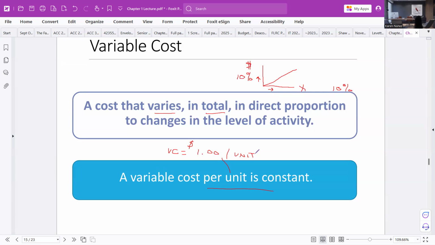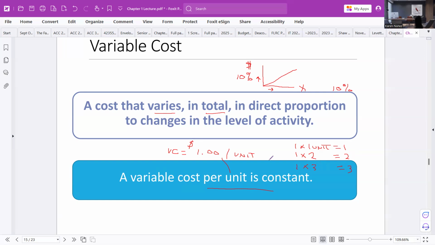You sell two units, the total cost is $2, right? So one times one unit would give you a total cost of $1. You sell two units, it's still $1, but now it's times two units, and that would give you $2. If you sell three units, then it would be one times three units or $3. That's what a variable cost is.